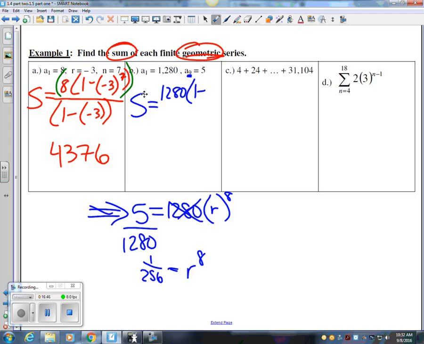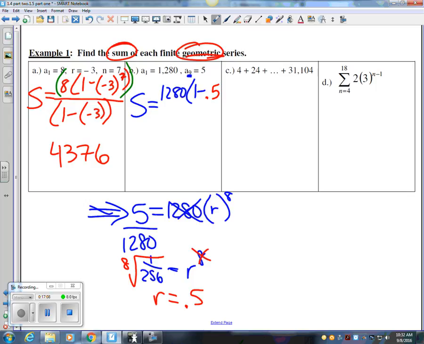Yep, 8th root. 0.5? Okay, so R is 0.5. When I go back up here, now I'm going to plug in 0.5 into this formula. You don't have to put parentheses around it. You can, but you don't have to. You only have to use extra parentheses when it's a decimal or a fraction.